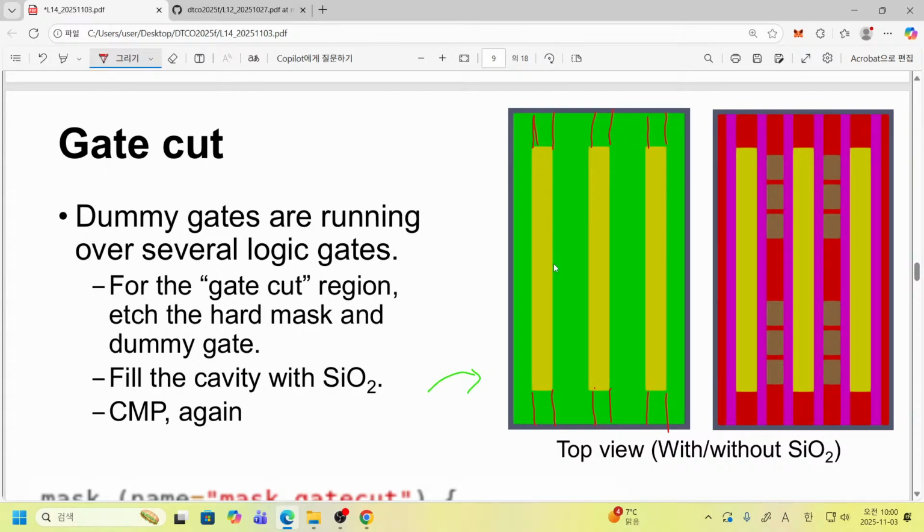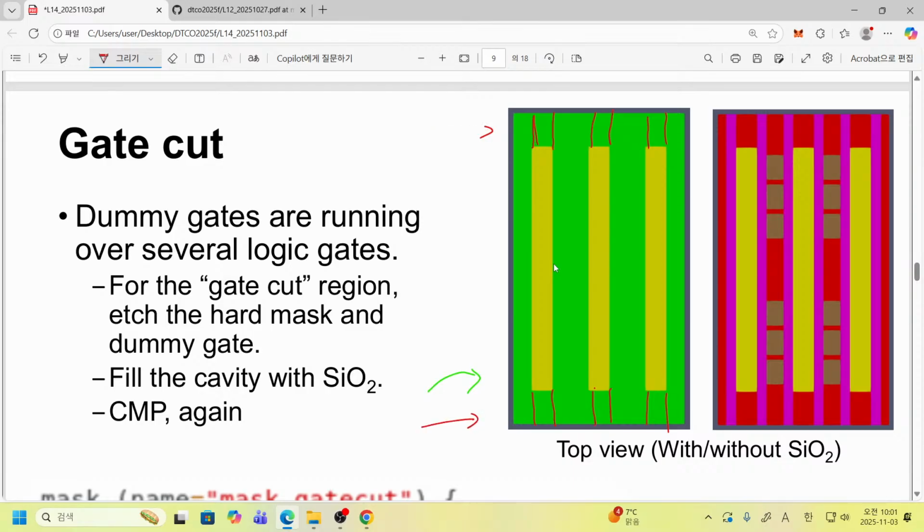So please think about our fin formation or dummy gate. In order to perform this kind of uniform structure, we had to perform self-aligned double patterning or self-aligned quadruple patterning. So in that case, making any kind of stopping here is almost impossible.